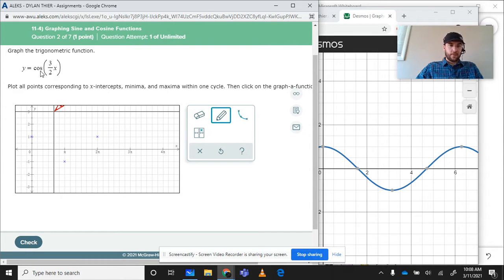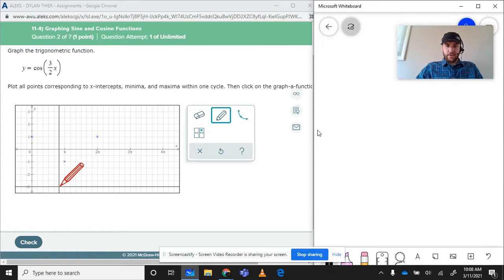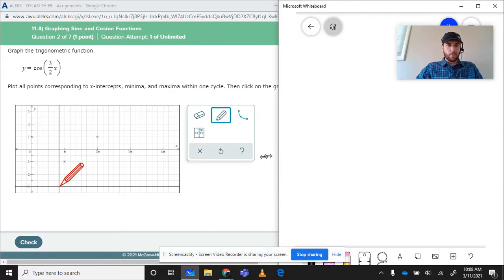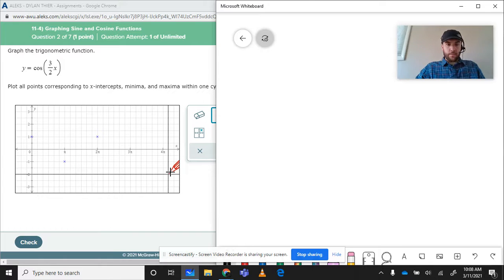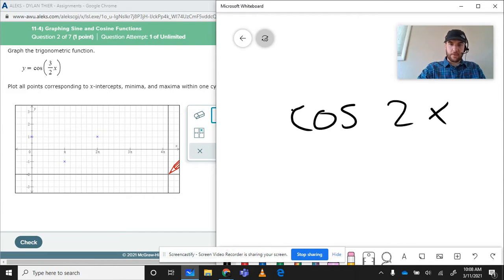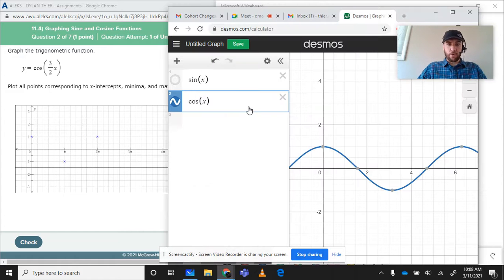My general heuristics, if you're not sure about what that word means, heuristic is kind of like a mental shortcut or a rule. My rule that I have in my mind is when you have a factor in front, like the cosine of 2 times x, the numbers above 1 will compress the graph horizontally.